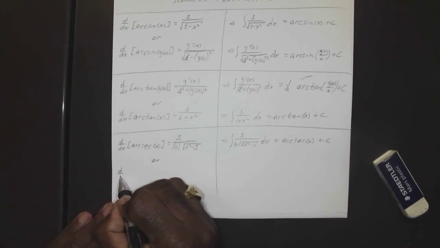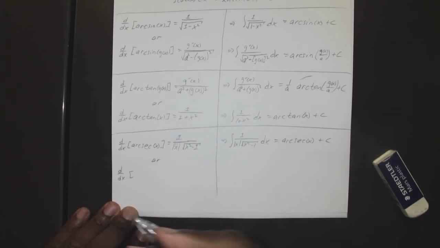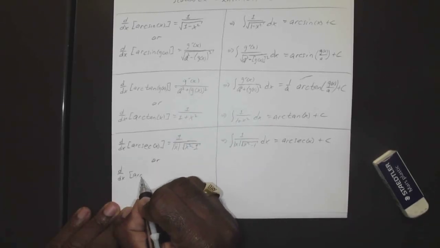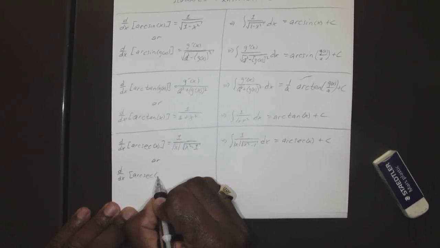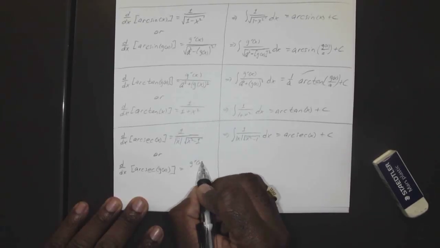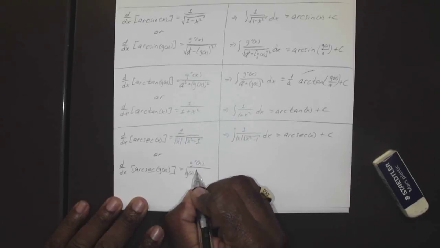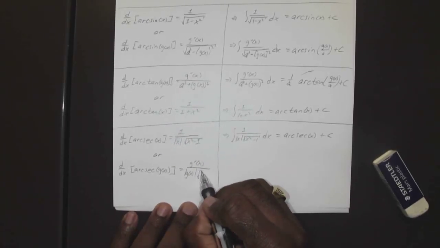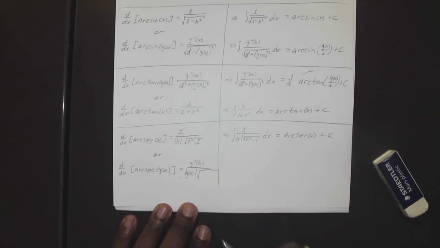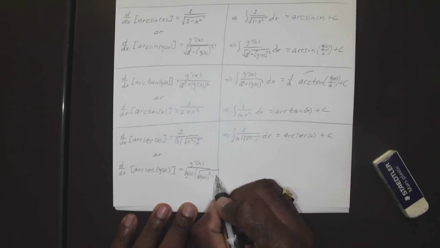Or if you have a function in there other than x, some g of x, the derivative of arc secant of g of x is going to equal g prime of x over the absolute value of g of x times the square root of g of x squared minus 1.